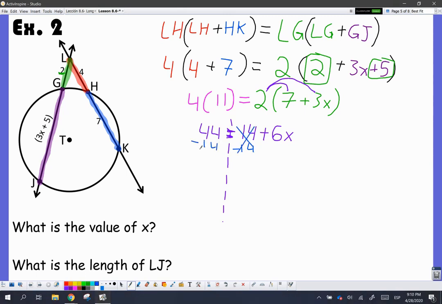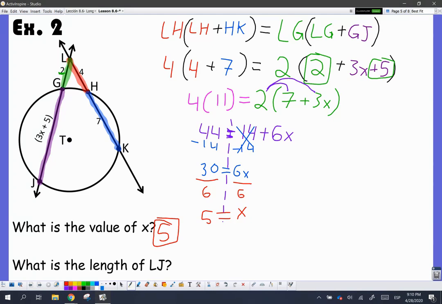That cancels out. Over here, 44 minus 14 is 30. And on this side, I have 6x. The last thing I'll do here is divide both sides by 6. And so that leaves me with x. Sorry, my bad. x equals 5. And so the value of x is 5.